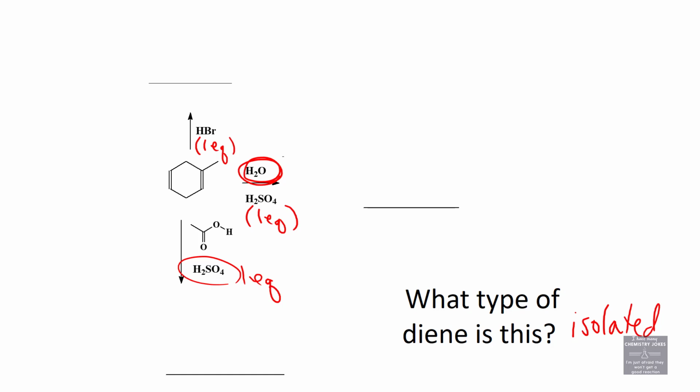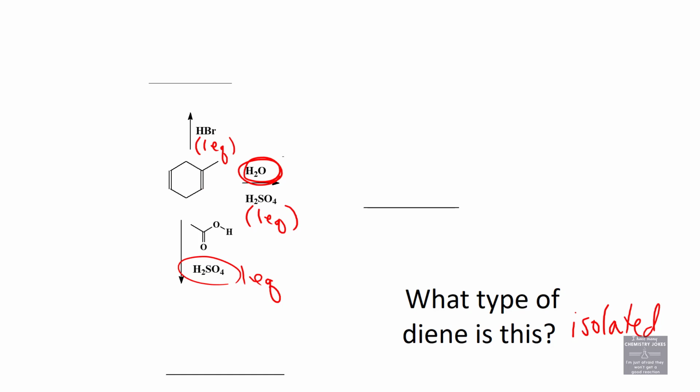Okay, so if I go north to this top reaction, even if the reactions do not make a carbocation, in an isolated diene, the alkene that reacts is the one that would make the most stable carbocation. So in this diene, that's left alkene or right alkene, that's right alkene. So going north, that right alkene is going to react with HBr.